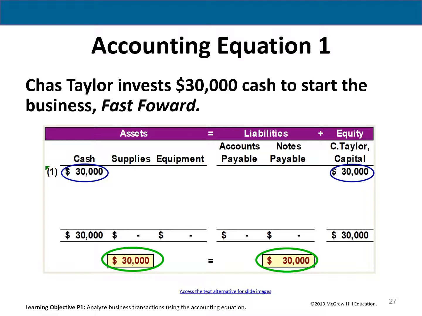We put positive $30,000 in cash, positive $30,000 in capital. Assets equal liabilities, which are 0, plus equity. So that's how we take a piece of financial data, analyze it, and fit it into our equation. Let's take a look at another.